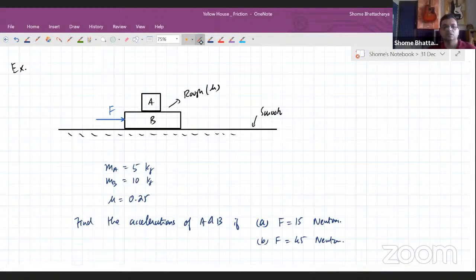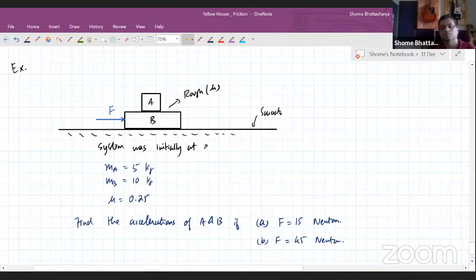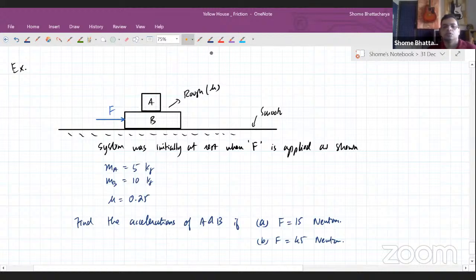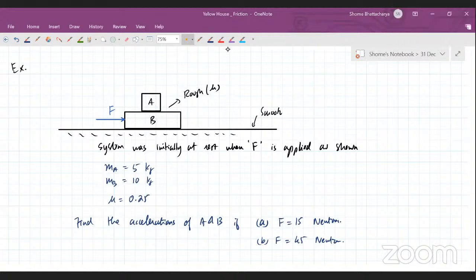The system was initially at rest. Okay. So just start with the first part, make the free body diagrams and see what we can analyze here. Take g as 10 meters per second square only.